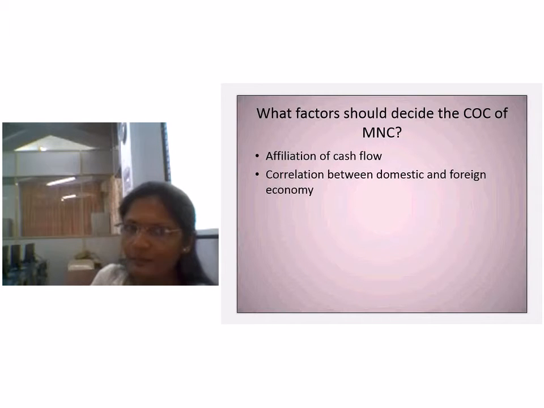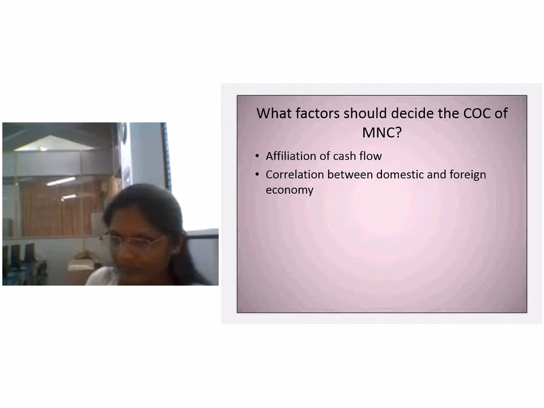Therefore, the cash flows affiliated with the multinational companies is a major factor that decides the cost of capital.